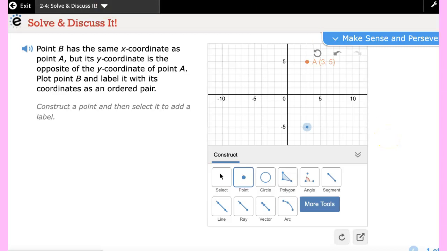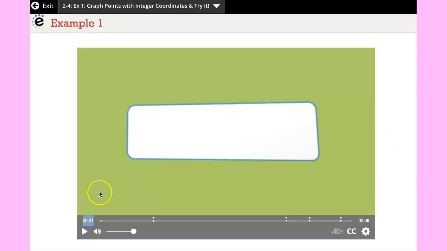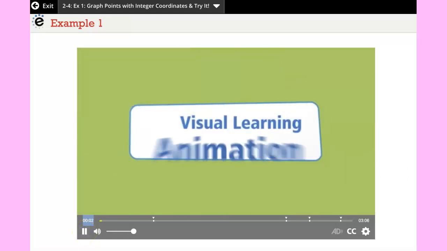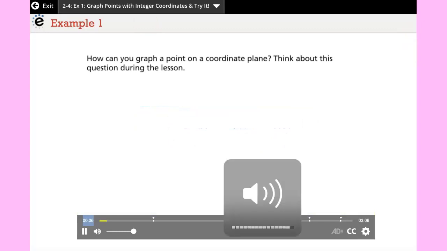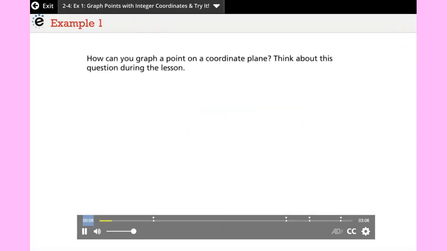All right? So let's listen to our lesson for today on graphing the points of coordinates. And we'll see if we remember what we've learned in elementary school. How can you graph a point on a coordinate plane? Think about this question during the lesson.